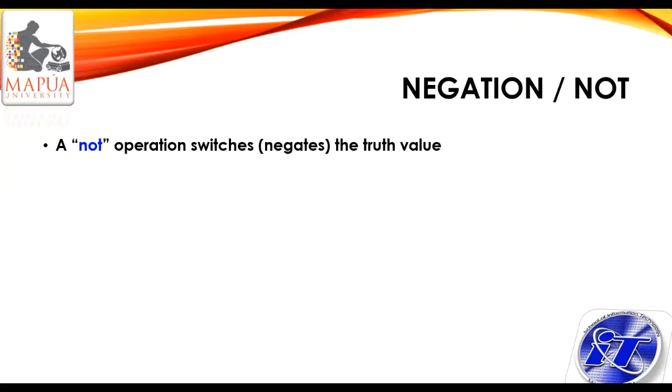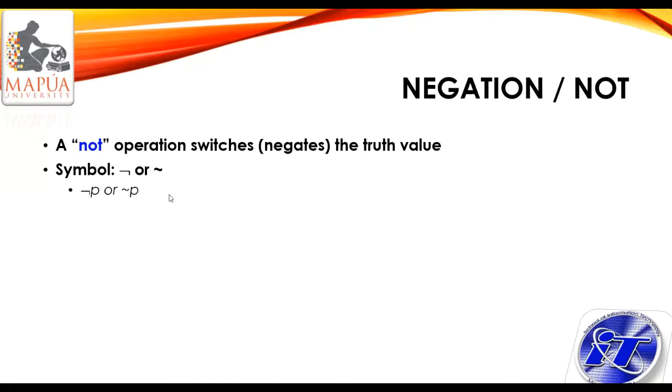A not operation switches the actual value of the proposition. Suppose the original proposition is true, then if we negate it, the statement will be false, and vice versa. The symbol for not are these two symbols, and it should be written before the variables.